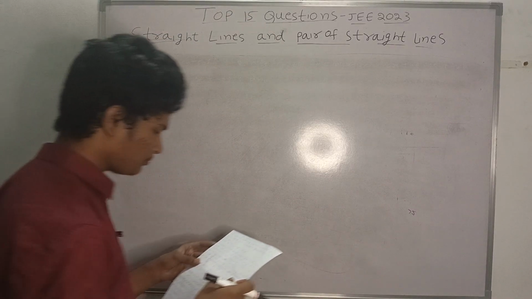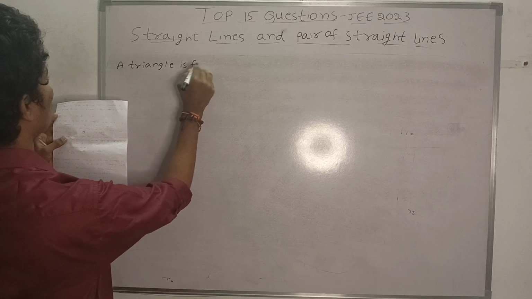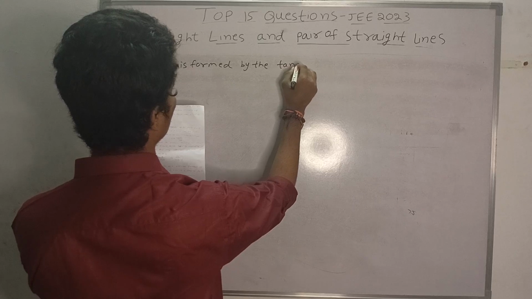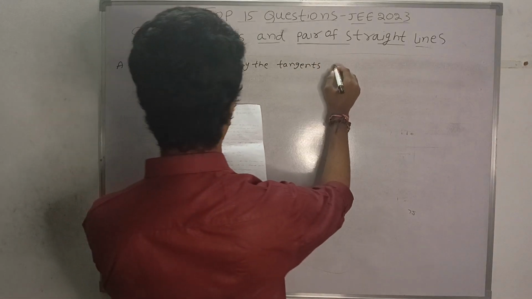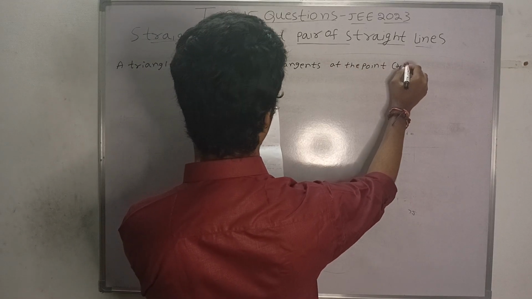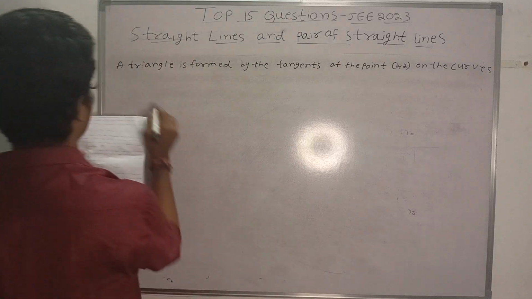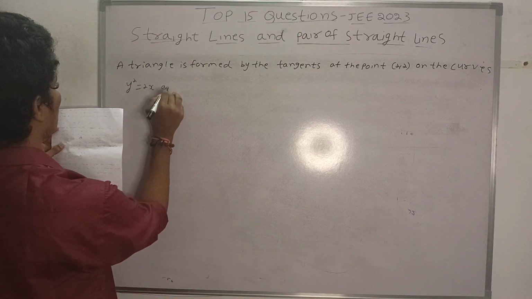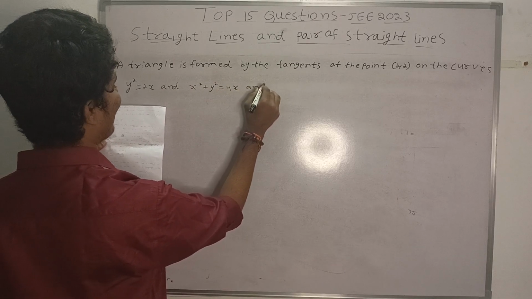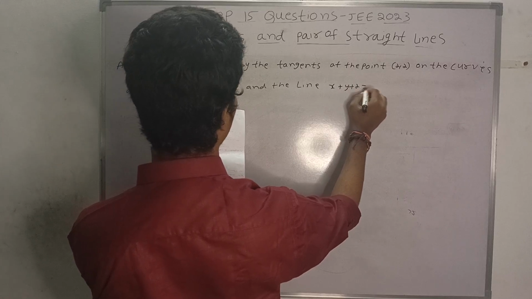And now the next question. A triangle is formed by the tangents at the point 2, 2 on the curves y square equal to 2x and x square plus y square equal to 4x, and the line x plus y plus 2 equal to 0.